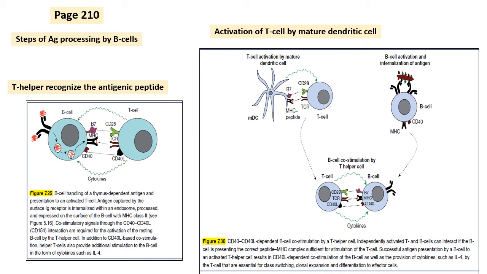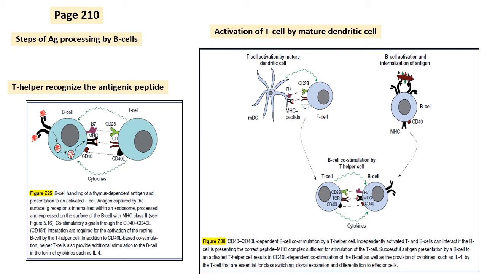The protein antigen is processed into small peptides, and the resulting antigenic peptide is then recycled to the surface in association with the MHC class II molecule, where it is now available for recognition by the specific T helper cell.